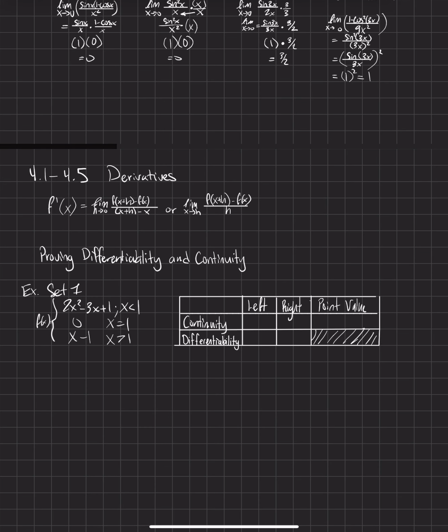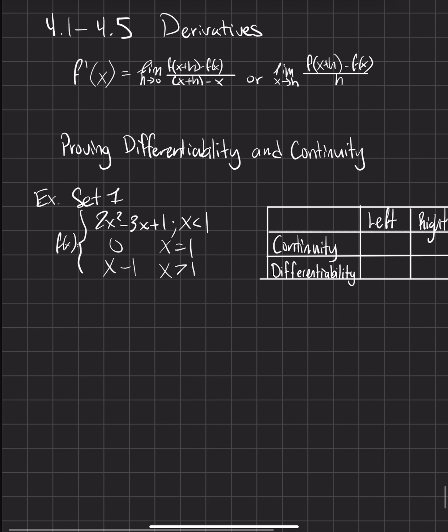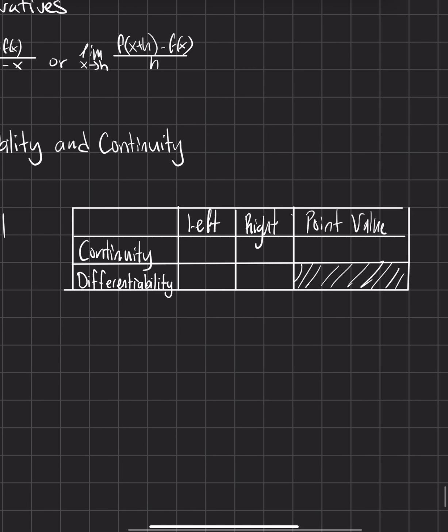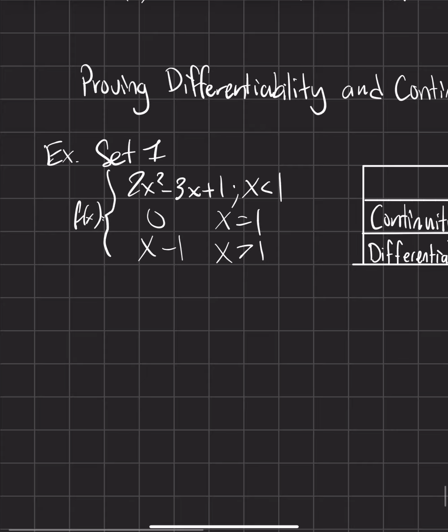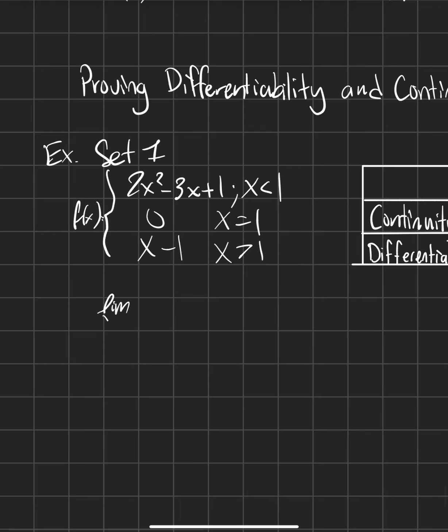So if we go back to our example problem, the first thing we need to do is, what does our checklist say? We need to take the left and right limit and the point value. So we'll take the limit as x approaches 1 from the left. If we look at our function, that's going to be 2x squared minus 3x plus 1.